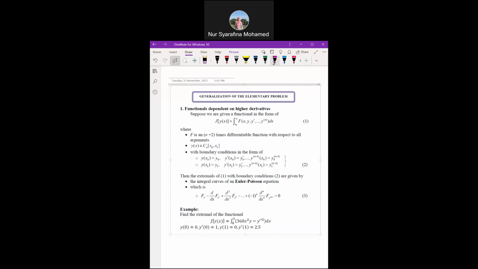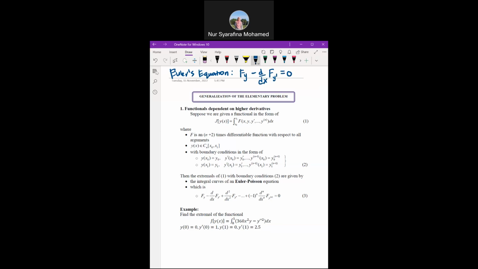Right, so now we are going to proceed with our next topic, generalization of the elementary problem. Remember, previously what we have done is find the extremal by using Euler's equation, where the Euler's equation is Fy minus the derivative of Fy prime with respect to x equals 0.